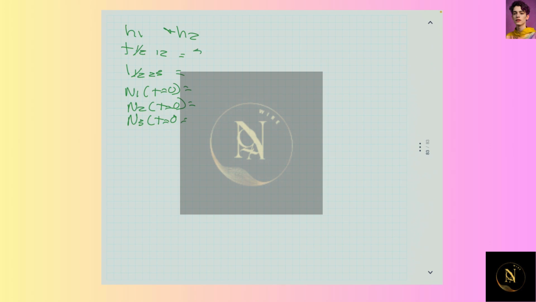So this will be 2.46 times 10 to the 5th years, and that's for the uranium-thorium decay. And this one is 7.54 times 10 to the 4th years, and that's the thorium to radium decay.